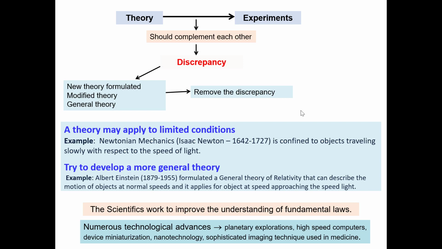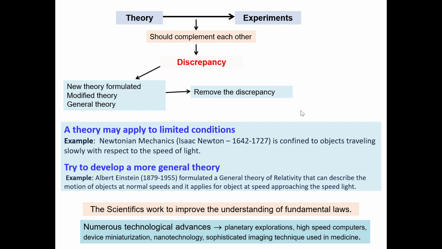Then 100 years later, Albert Einstein formulated a new theory, the theory of relativity, which can explain the motion of objects when they move at a speed close to the speed of light. This is one example of how the discrepancy between theory and experiment can help scientists improve the understanding of fundamental laws.